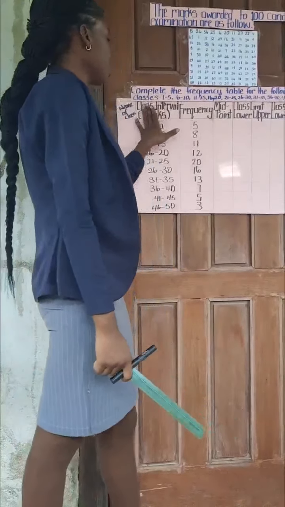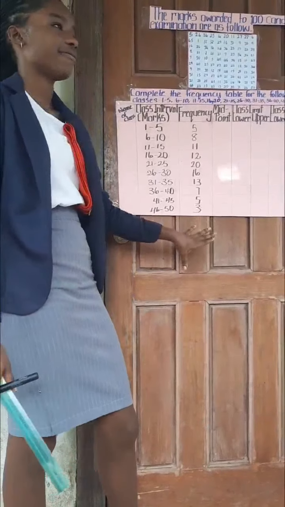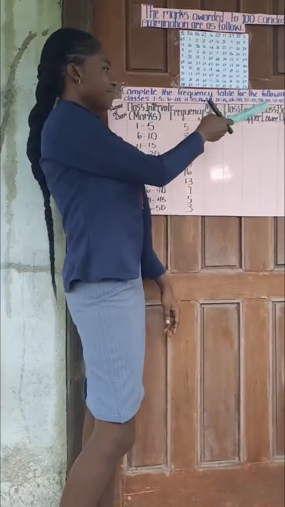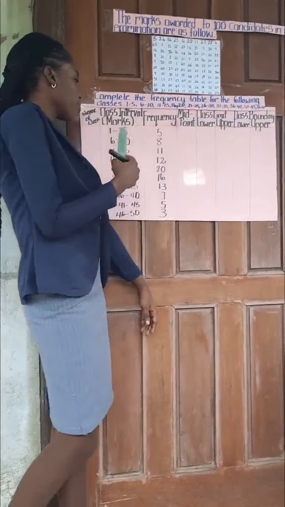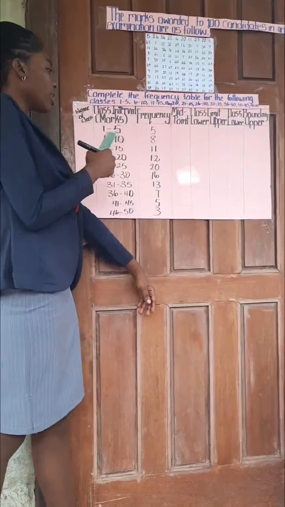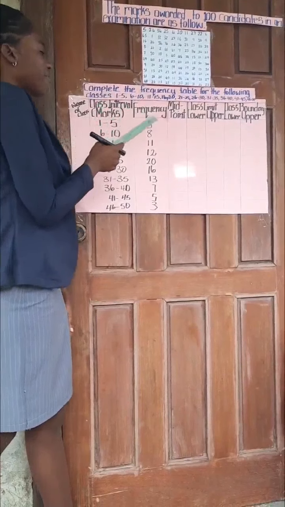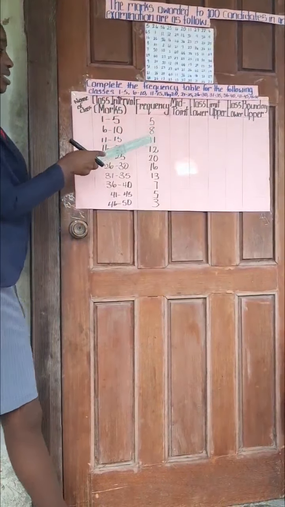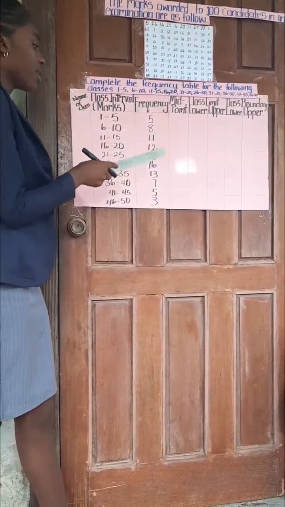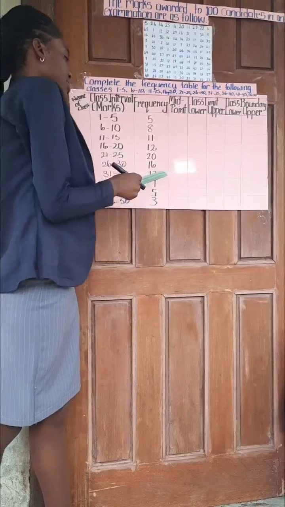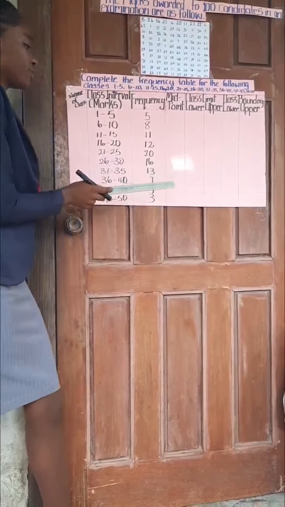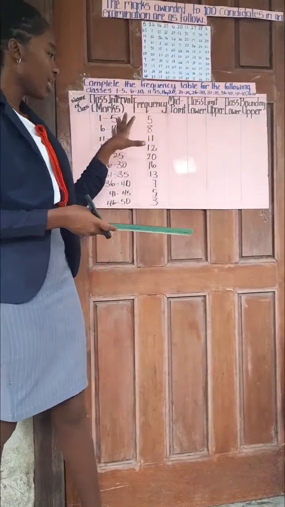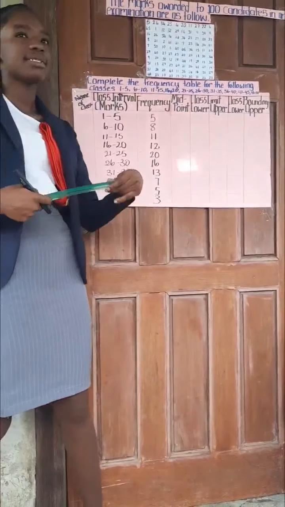So this is what you're supposed to have, right? Because you know our class interval, it was given to us, right? And when you count your 1 to 5 category, you're supposed to have 5, followed by 8, 11, 12, 20, 16, 13, 7, 5, and 3. Is there anyone with anything different from this?